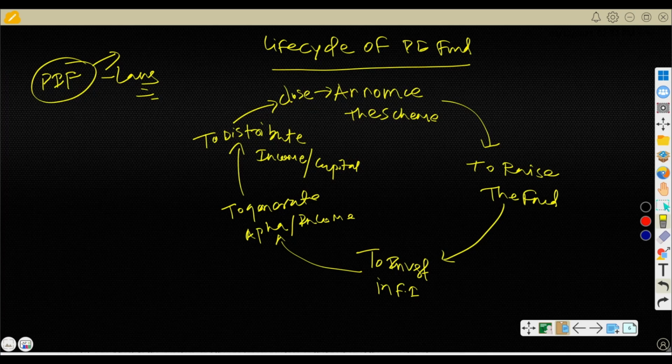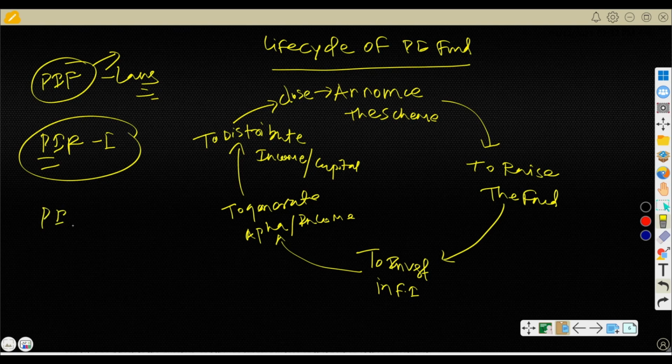This was PIF 1, private investment fund. They wanted to create PIF 2, so the fund manager wanted to close out PIF 1 and relaunch as 2.